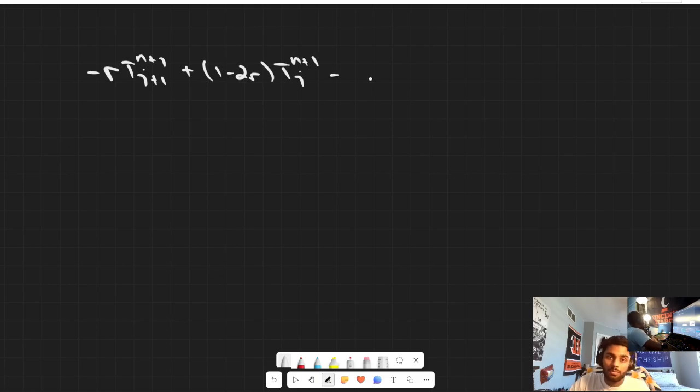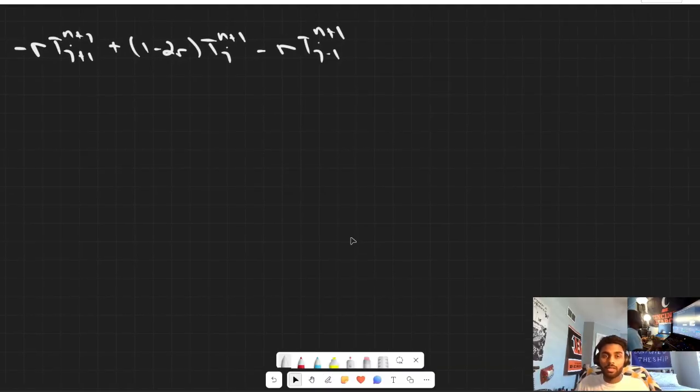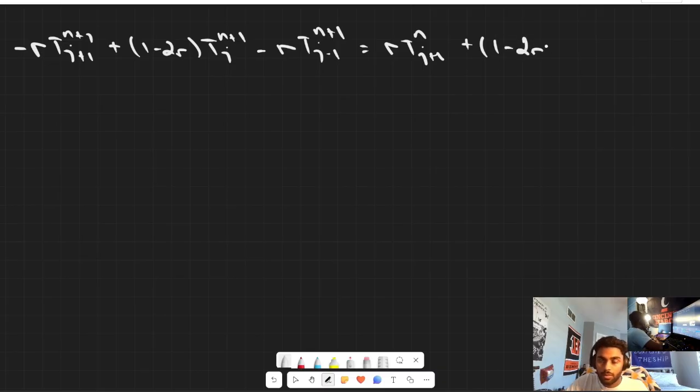Plus 1 minus R Tj minus 1. And we also get on the other side, this is equal to R Tj plus 1 at n, plus 1 minus 2R Tj at n, plus R Tj minus 1 at n.